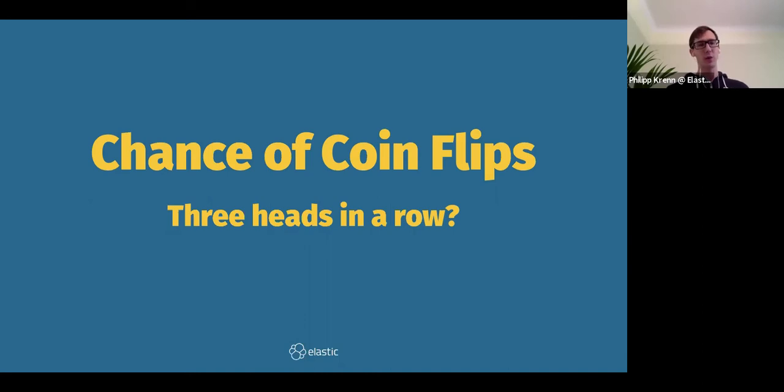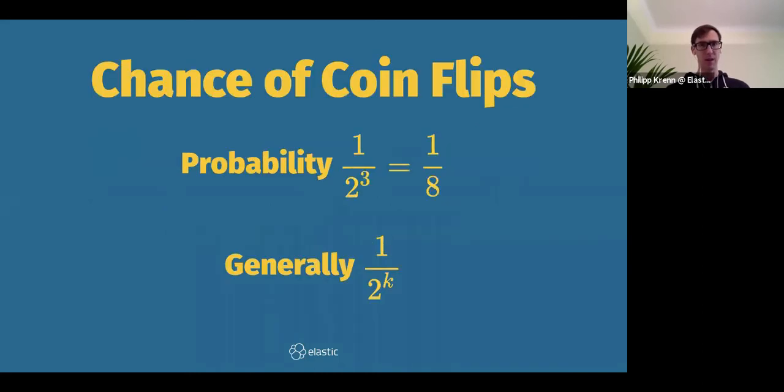Abstracting that, if you have 3 coin flips, it's 1 divided by 2 to the power of the number of coin flips. So you have a chance of 1/8 for 3 coin flips. Or more generally, 1 divided by 2 to the power of k, and k is the number of heads you want to have in a row, for example. So this is how a coin flip works.